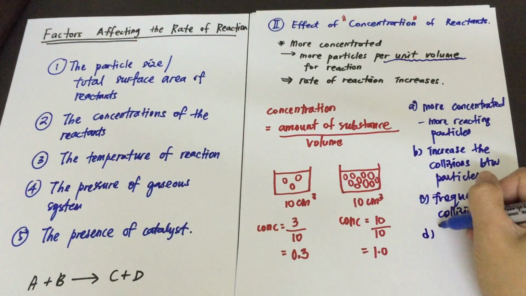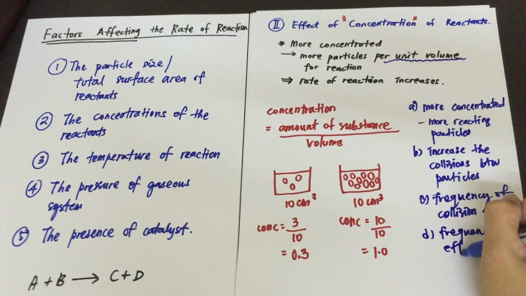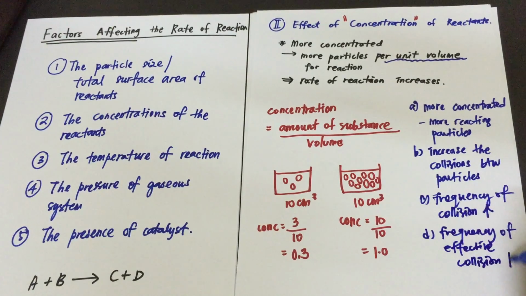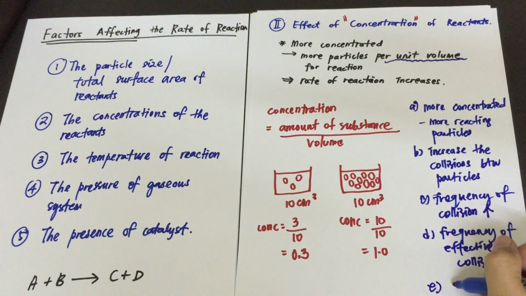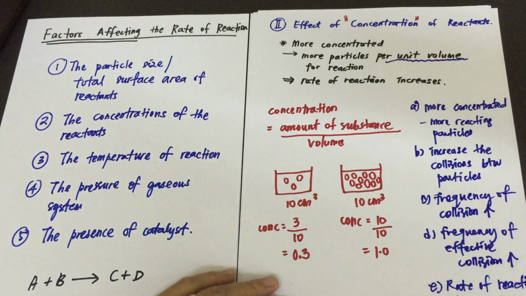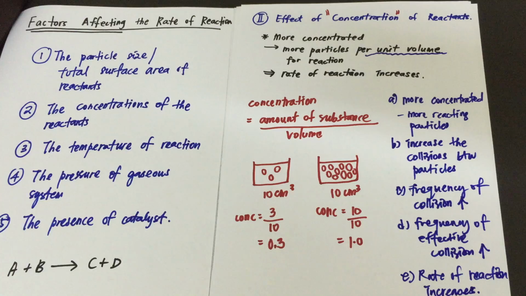And because of that, the frequency of effective collision will increase, and hence, in summary, the rate of reaction will increase. So this is the flow of using the collision theory to explain the factor related to concentration.